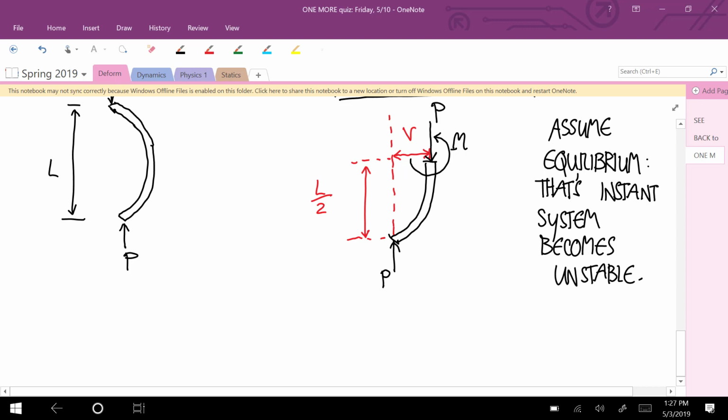No, there wouldn't be any torsion, since torsion would be like twisting this way.